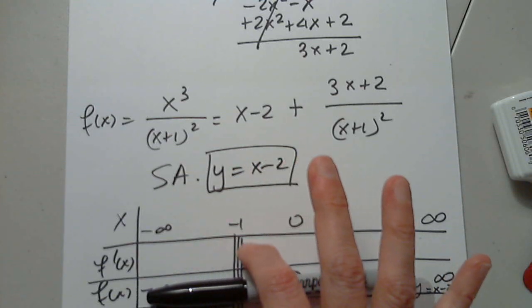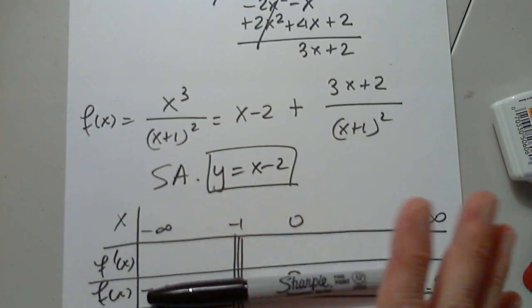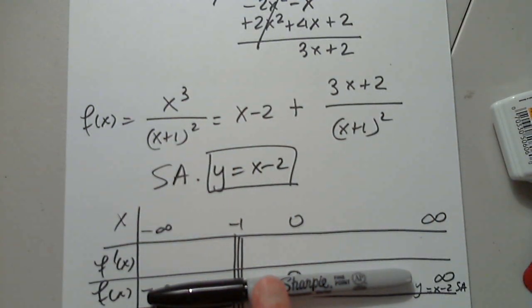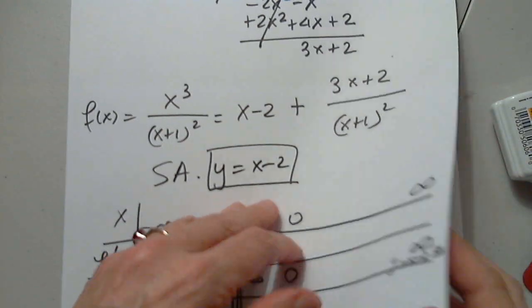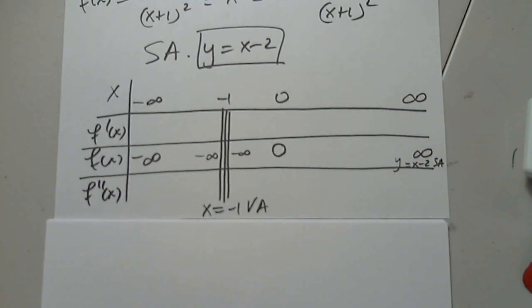I have to study the derivative, the first derivative, critical numbers, whatever, and put them in here. And then I move on to the second derivative. This is not a friendly function to differentiate, like what we just had. Okay, so I'm going to copy it here, x to the third over (x plus 1) squared.